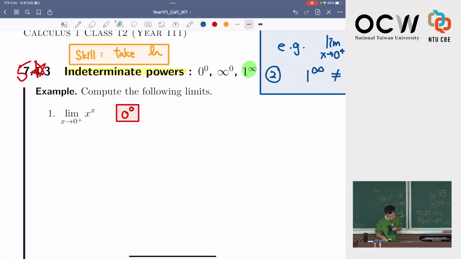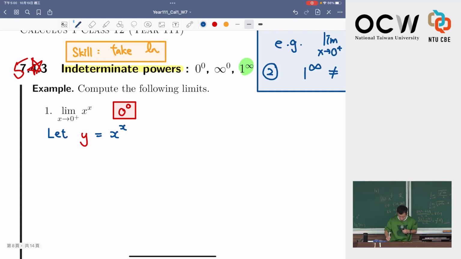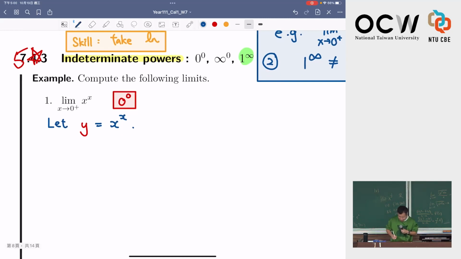But I will do it slowly with you. So let y be the limit that I'm interested in, x to the x. Then if I take logarithm from both sides, of course I will get log of y equals log of x to the x.